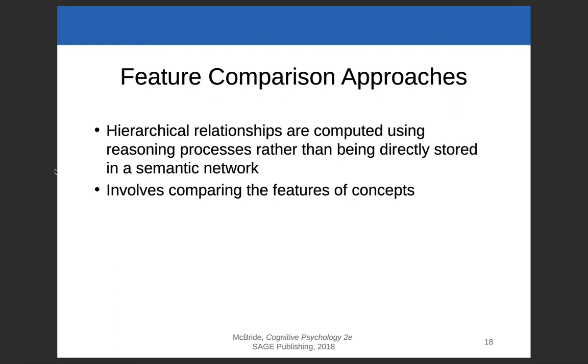They're probably not stored in a network like the network that you saw right before. Rather, instead of storing things in this network, every time we come across something or want to categorize something, we just do this feature computation to see where it is relative to other things we may have experienced.